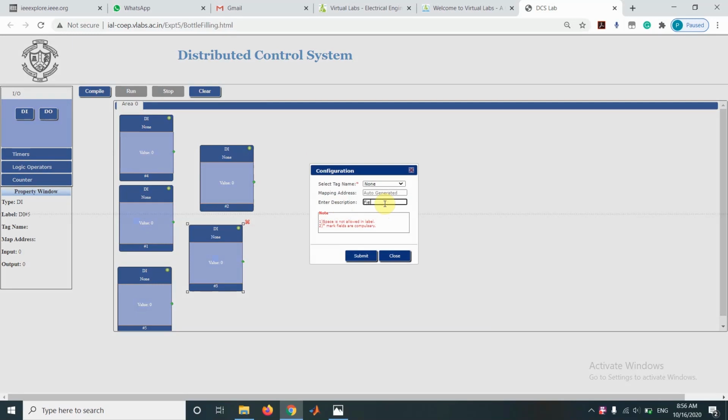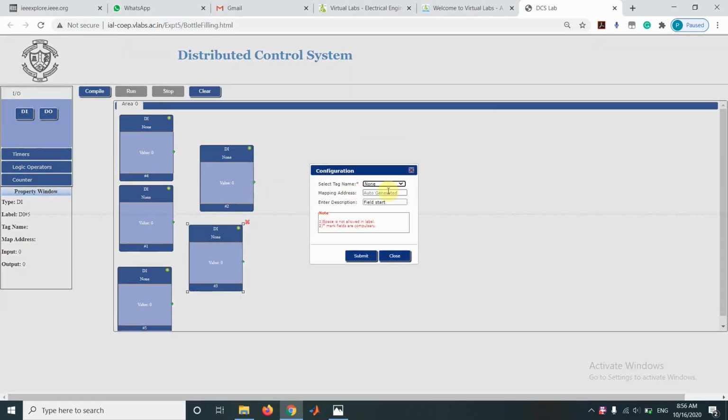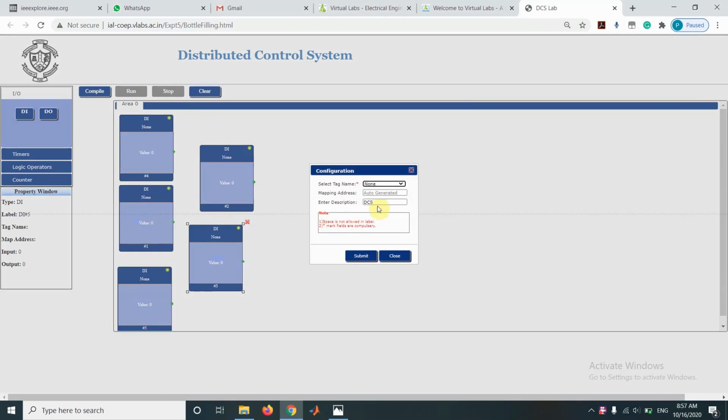This is field start command. This is the command from DCS. This is proximity coarse sensor.